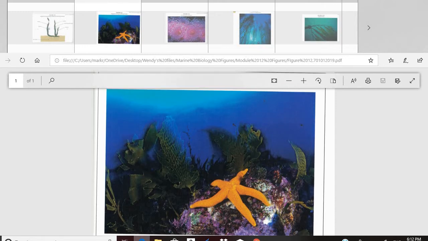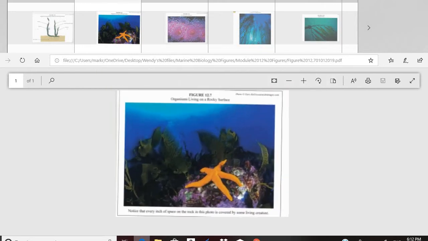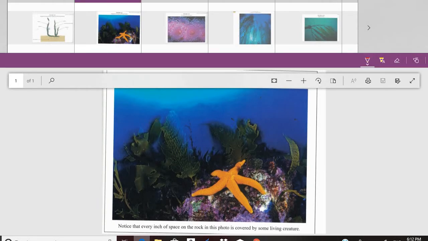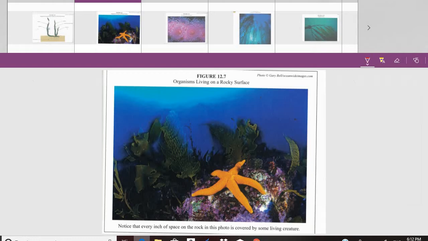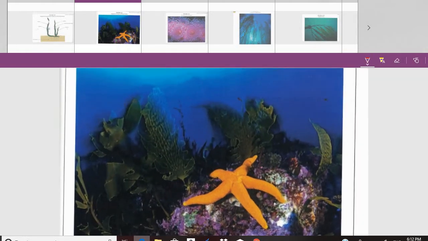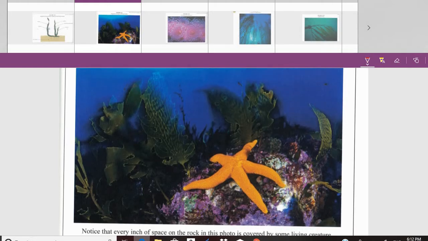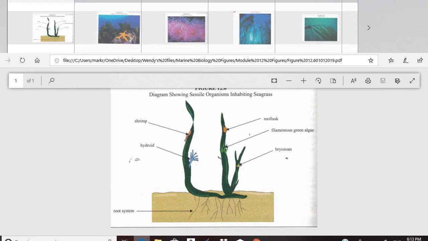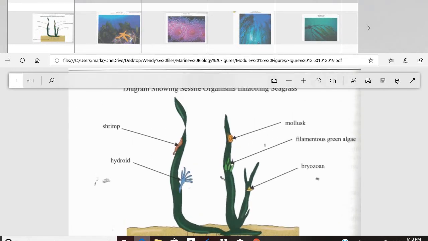And then this picture just shows, again, a rocky surface, but you can see that there is a wide variety of organisms living there. These are types of seaweed, and then you can see the sea star living there, and some other organisms.